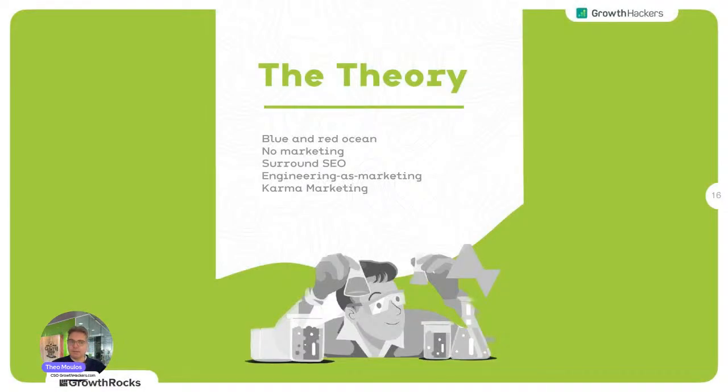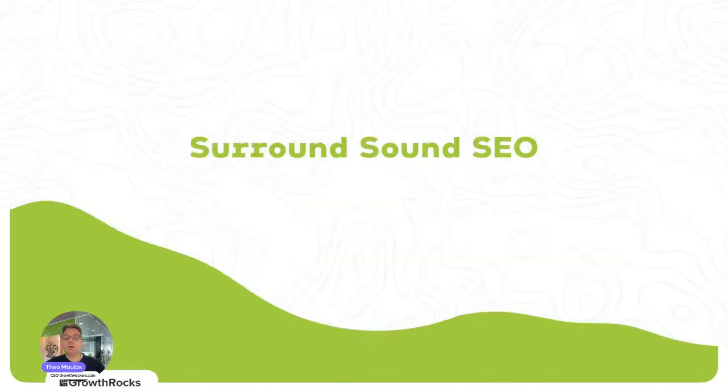Now, the theory behind that, I will pass quite fast. There are 5 different theories that we put all together, and these theories give us the foundation of micromonopoly. Now, the first one is what we call surround sound SEO.